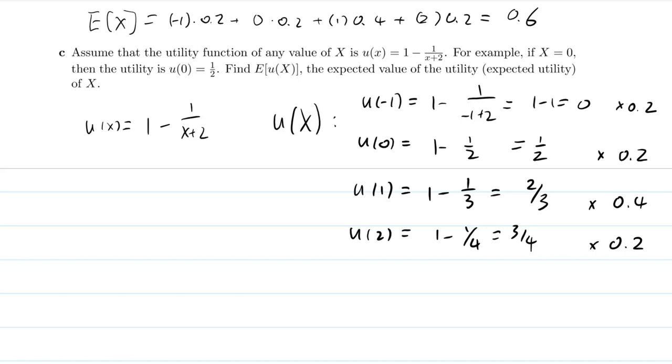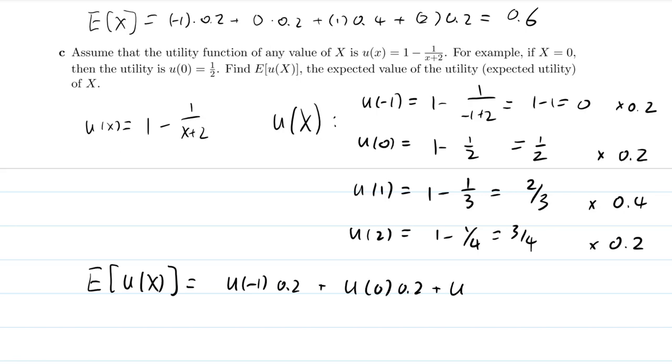So in terms of formula, expected value of u of capital X is going to be u of -1 times 0.2, u of 0 times 0.2, u of 1 times 0.4, plus u of 2 times 0.2.